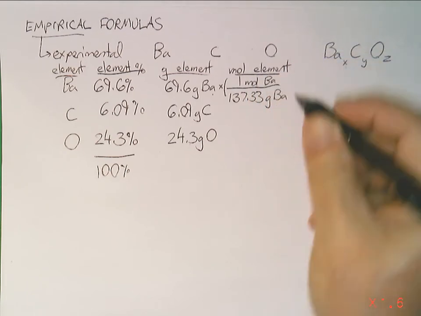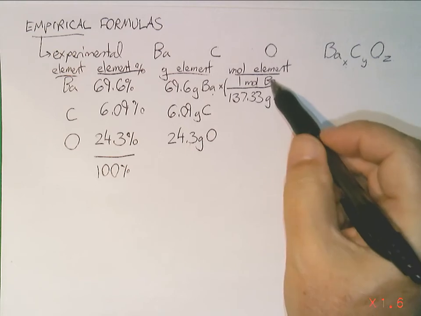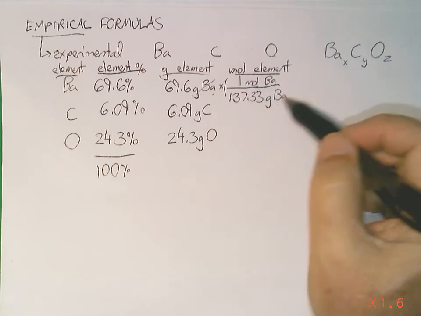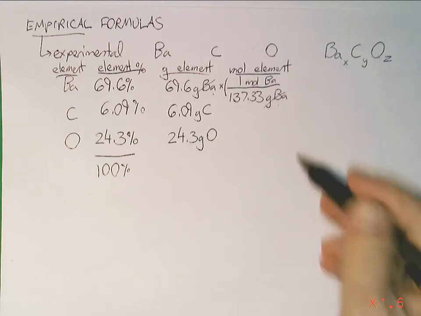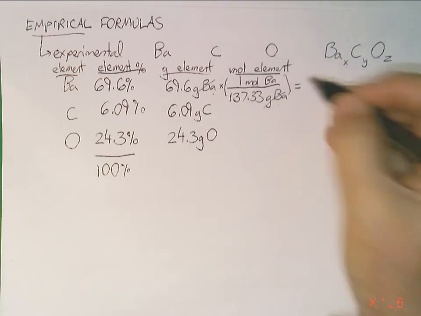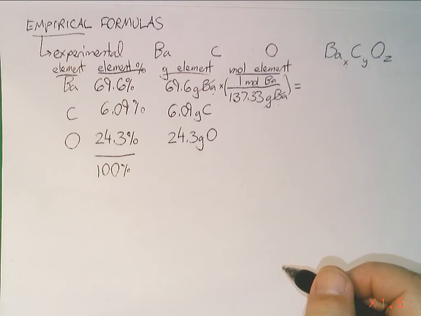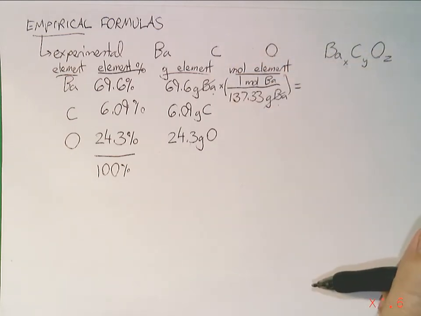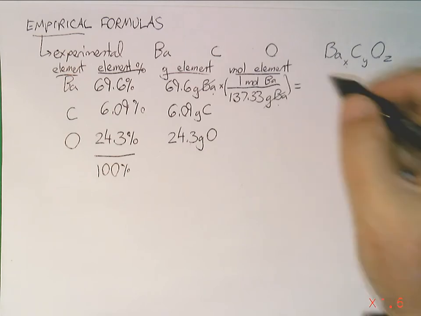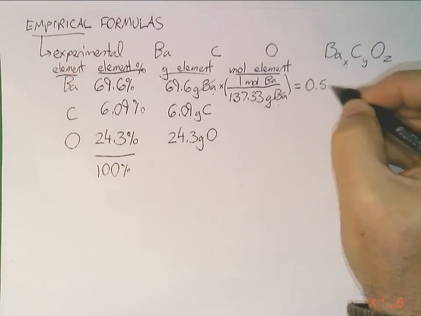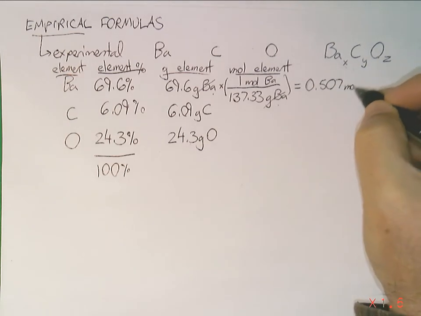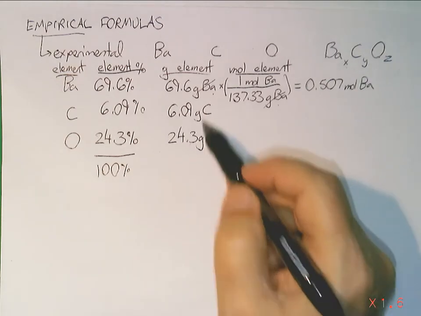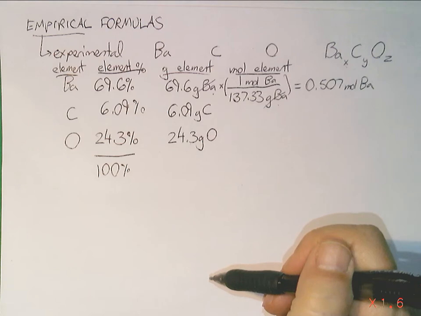And you know why I put that grams of barium on the bottom rather than on the top. I can see that if I want this to cancel out and give me moles, that's how I would do it. So I can do the math. If I take 69.6 and divide it by 137.33, I get 0.507 moles of barium.